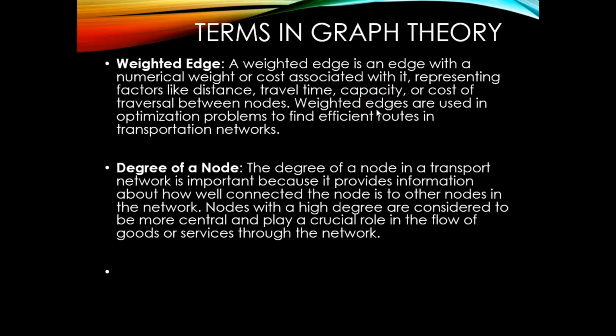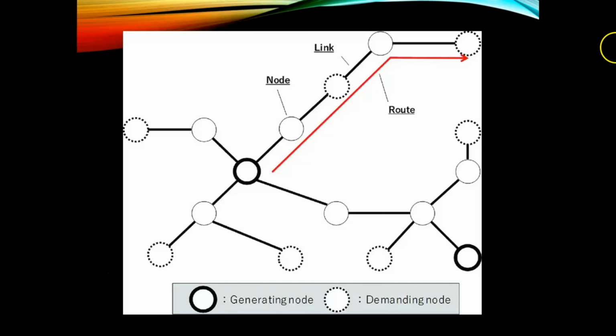So going further, we also have what we call the weighted edge. When we say something has weight, that means it's measurable, it can be in numerical form. And an edge, not forgetting, is also what we call the links that we have here.